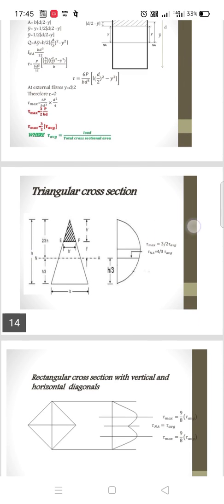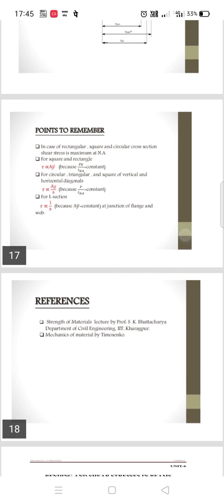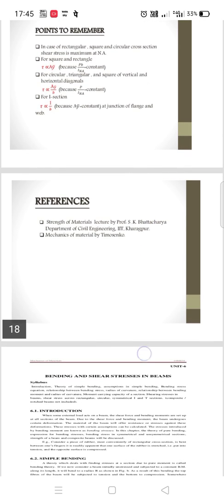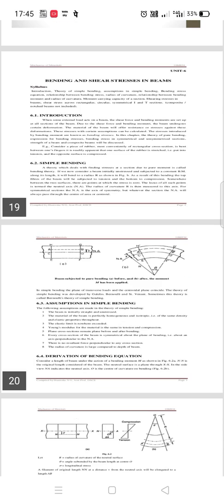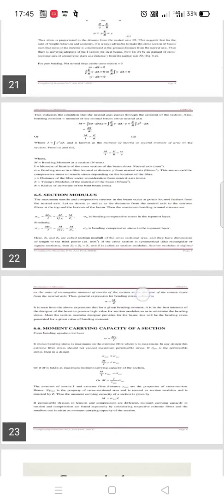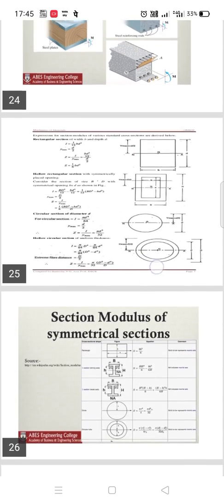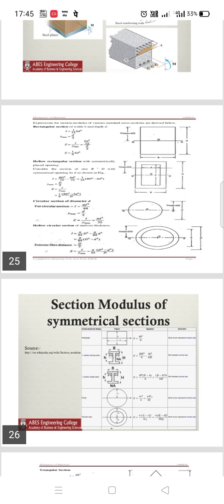within the derivations of triangular cross section, rectangular cross section, and I section, points to remember, reference, all of this is going to the formula for transverse loading. The formula for section modulus of symmetric sections.